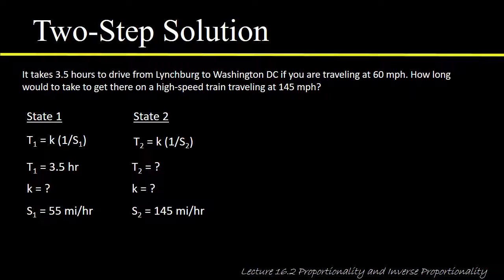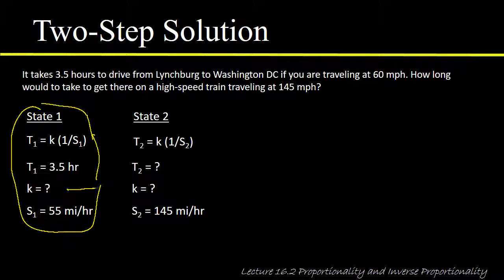For our two-step solution, remember our goal is to use the parameters for one of the states to solve for k, and then once we know k, we can plug it into the equation for state 2.